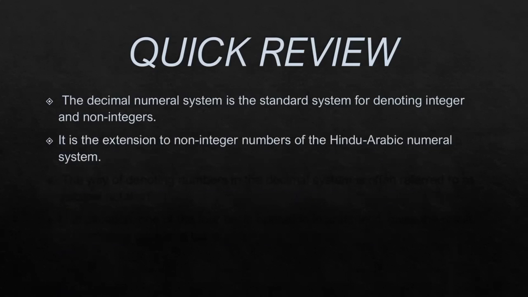It is the extension of the Hindu-Arabic numeral system to non-integer numbers. In the last week also I mentioned that we have two numeral systems, the Hindu-Arabic numeral system as well as Roman numerals, and we are following Hindu-Arabic mostly. The normal numbers we are using right now are Hindu-Arabic. So this decimal system is mainly concentrating on the Hindu-Arabic numeral system.